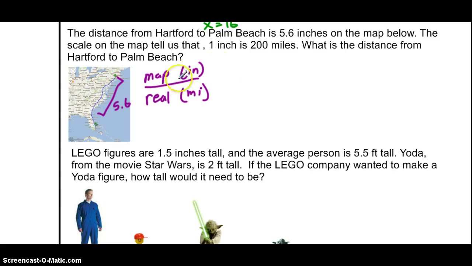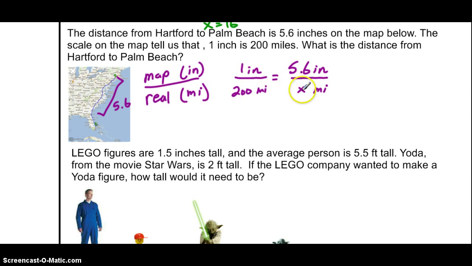So let's think here. They tell us that 1 inch is 200 miles. So 1 inch on the map, and draw a ratio to 200 miles. Well, we also know that Hartford to Palm Beach is 5.6 inches on the map, so that'll go in the numerator, 5.6 inches. And we don't know the real distance, so we'll call that x in miles. Now we've got a proportion that we can work with.